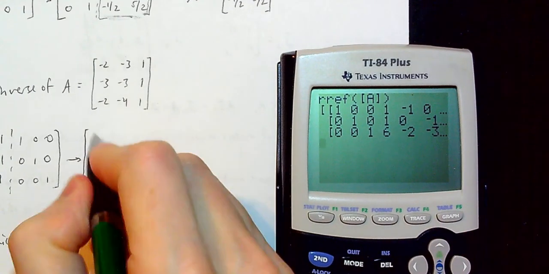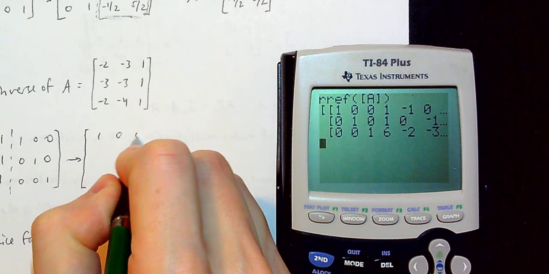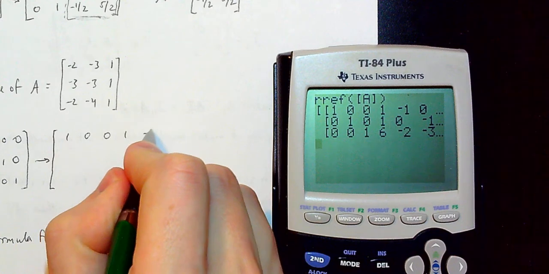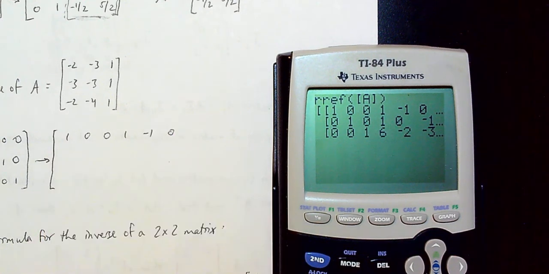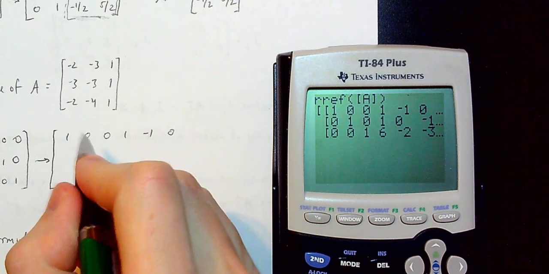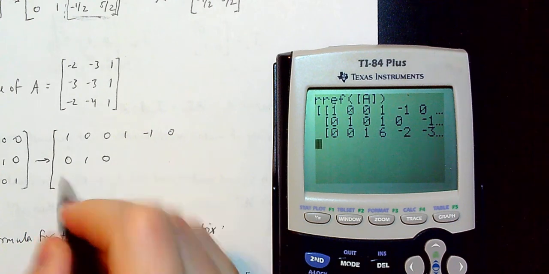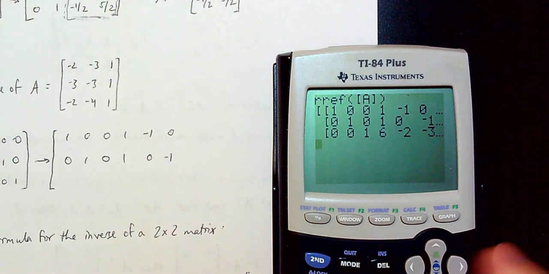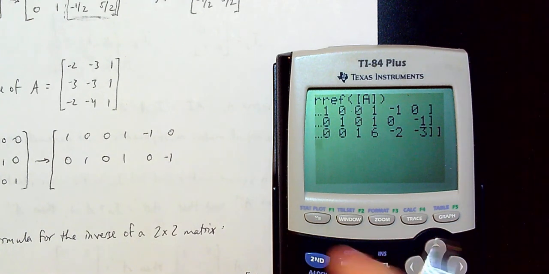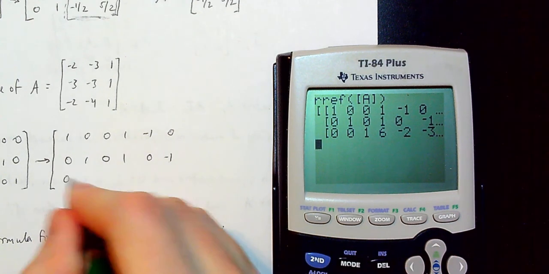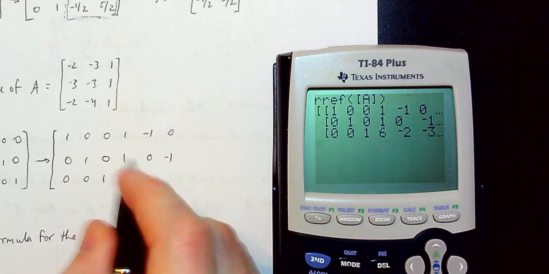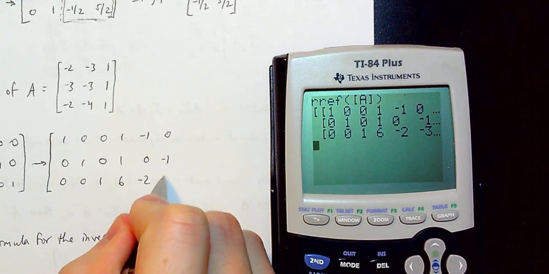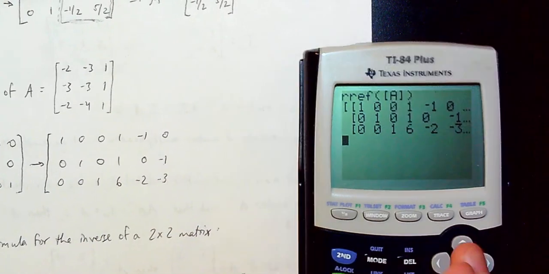We have 1, 0, 0, 1, -1, 0, 0, 1, 0, 1, 0, -1. And then we have 0, 0, 1, 6, -2, and -3.